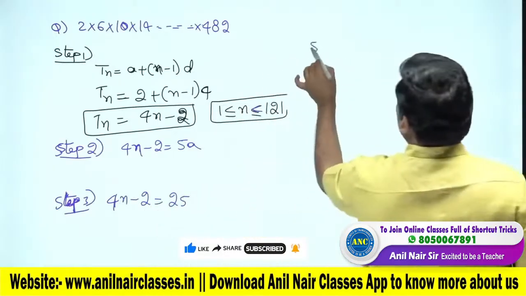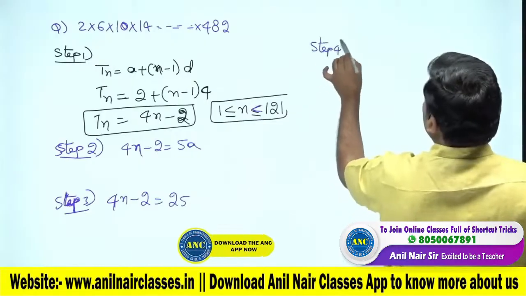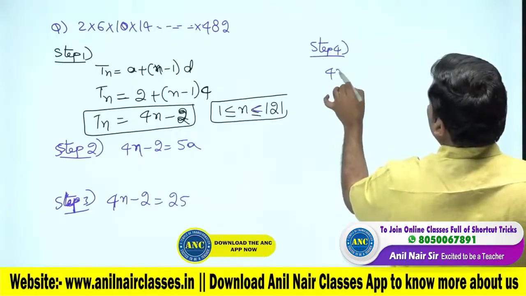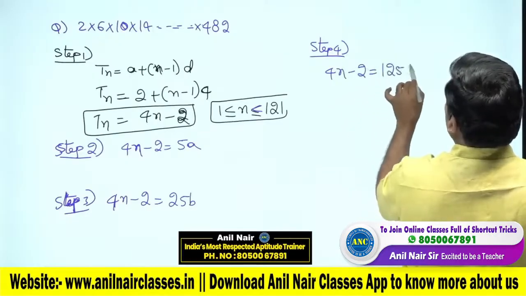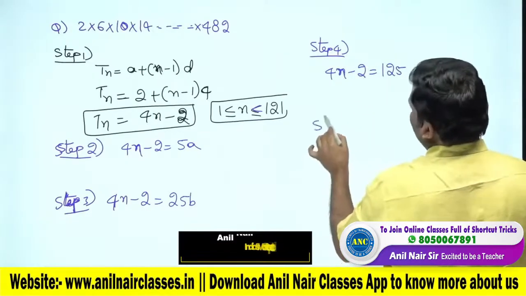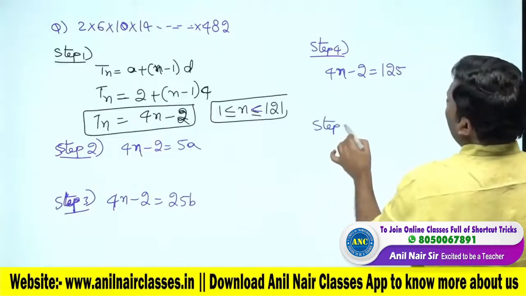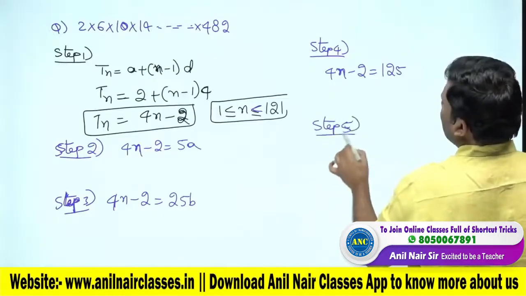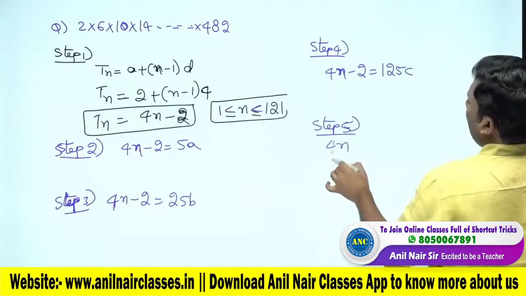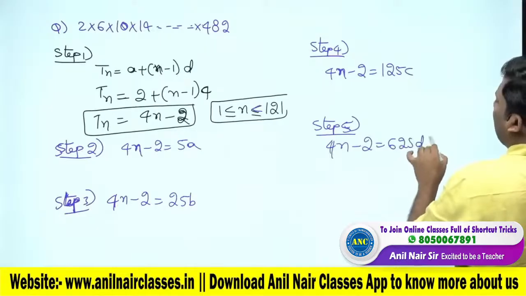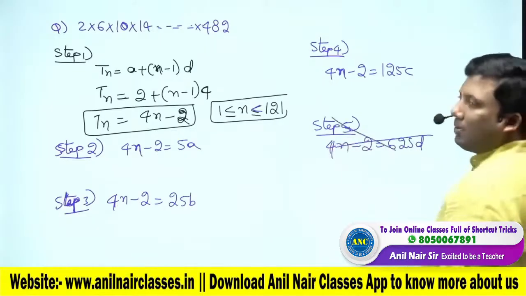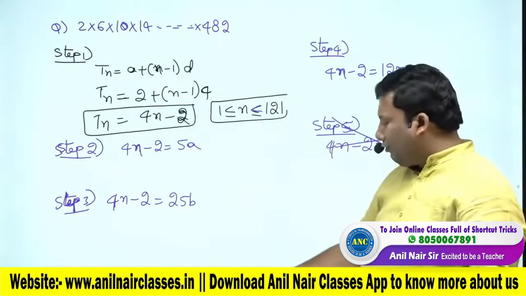Step number 4: it can take a multiple of 125, 4n minus 2 equals 125c. Step number 5: it can take 5 power 4, which is 625, 4n minus 2 equals 625d. This is not possible. The highest value is still 482.